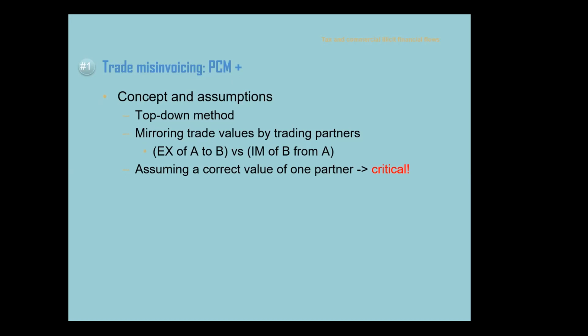The major assumption behind the partner country method is that one of the partners' values is correct. So this means that, for example, country A's records of exports may not be correct, but country B's imports are correctly valued, and therefore any difference in country A's exports to country B's imports would be treated as misinvoicing or similar.